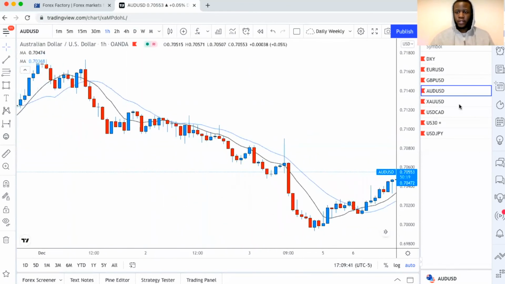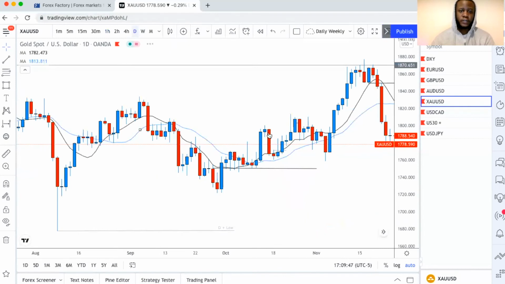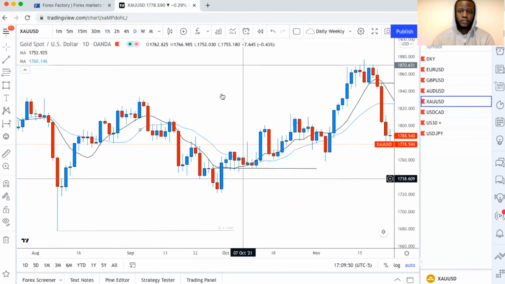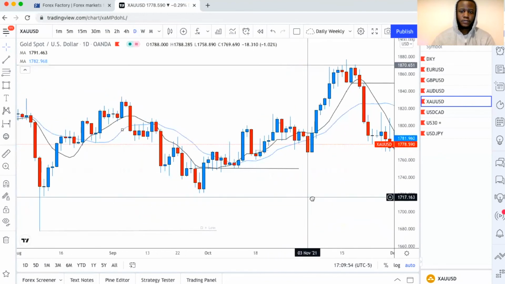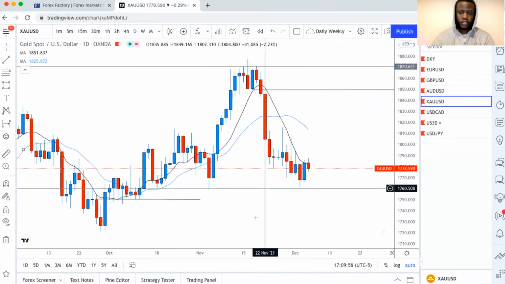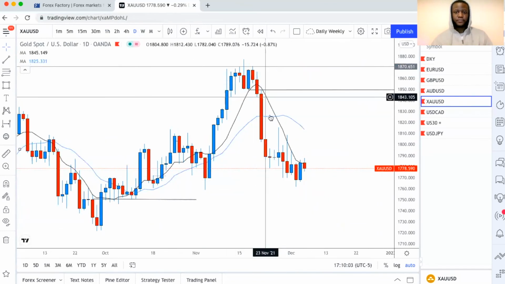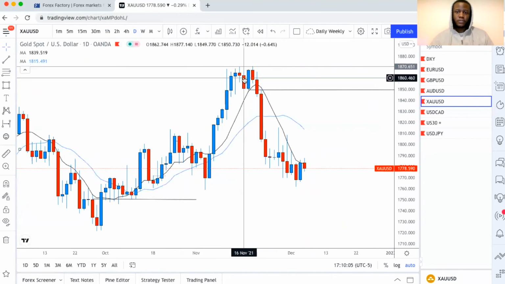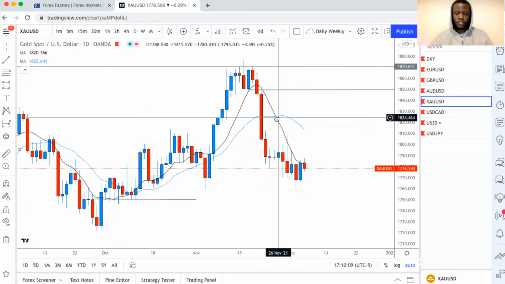Let's do another pair. Do gold. Okay, so let's go to daily. So right now, currently on the daily, the market is showing a downtrend because the moving average crossed to the downside.